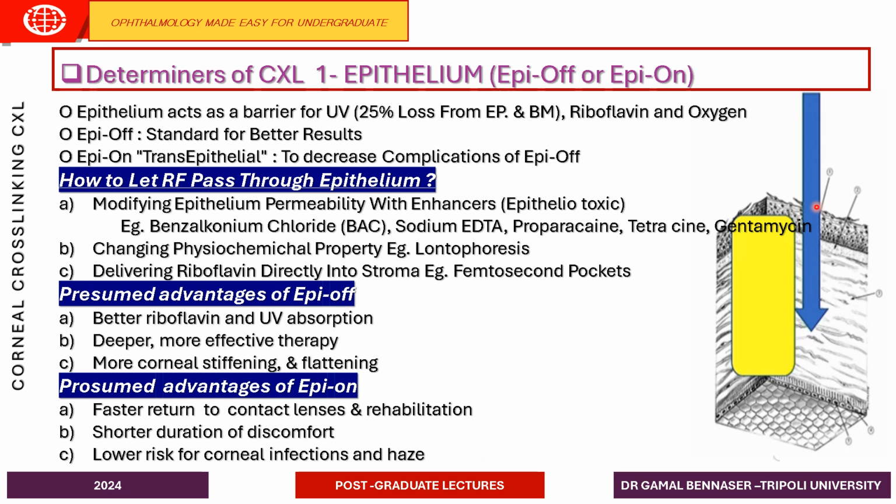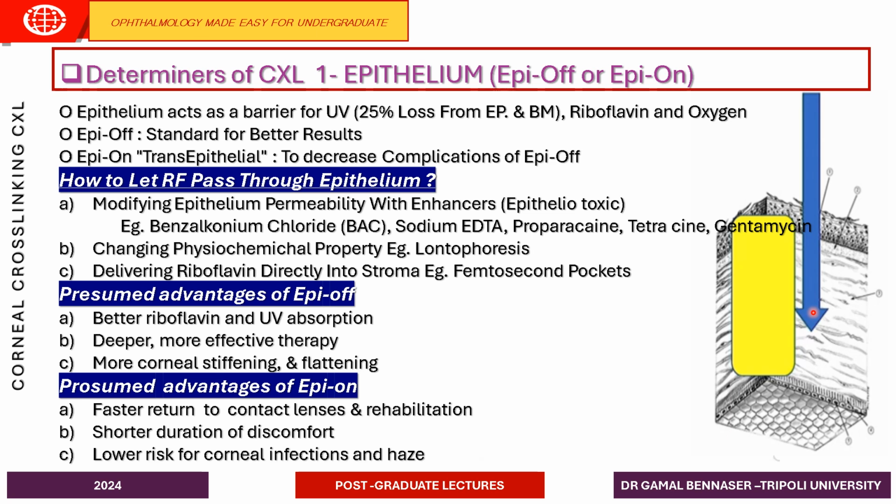Or recently they also use the laser as PTK, phototherapeutic keratectomy, to remove the initial 50 microns of the cornea, which belong to the corneal epithelium, and they found that there is much improvement in the penetration and absorption of the riboflavin.